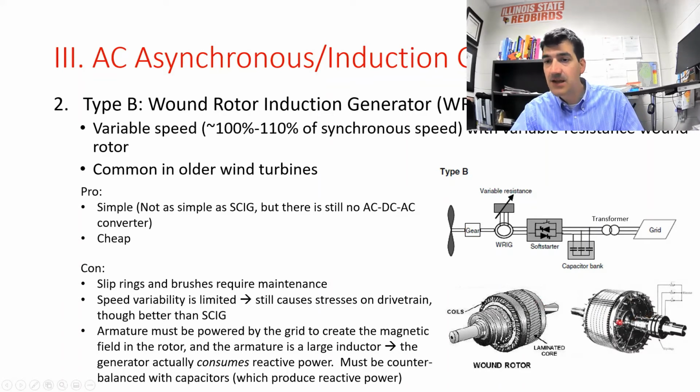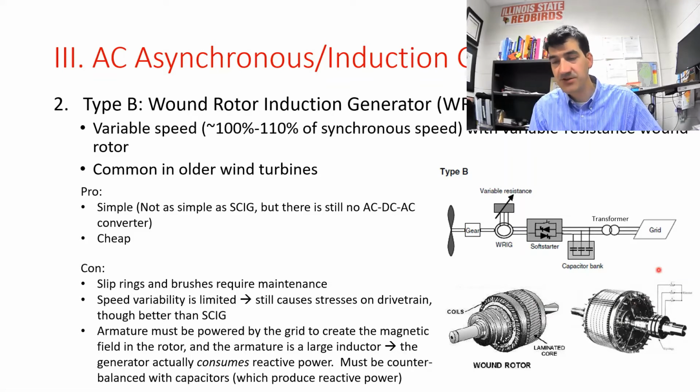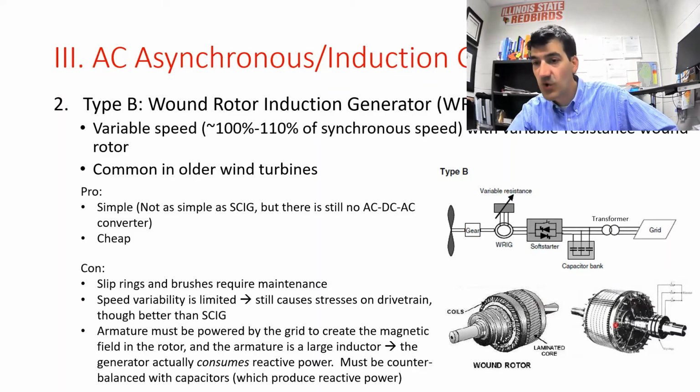And the nice thing about these coils of wire is that you can have a variable resistor. It's called a potentiometer, but basically you can change the amount of resistance that these coils inside the rotor have.